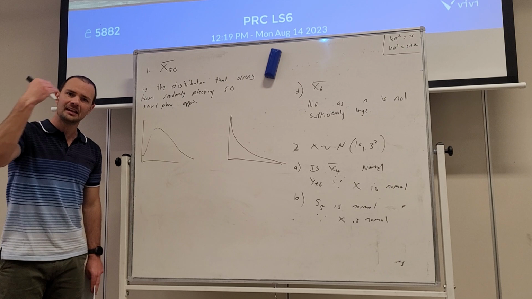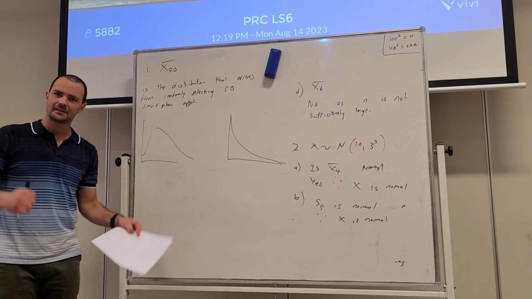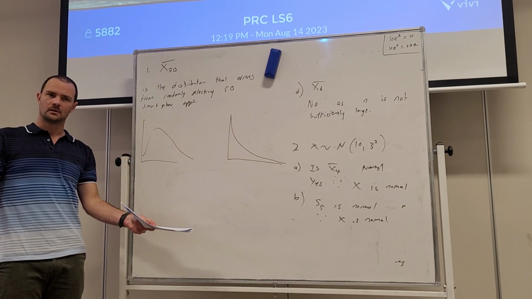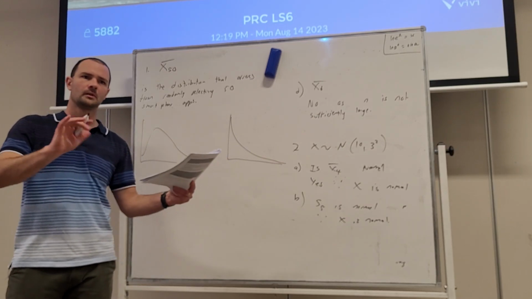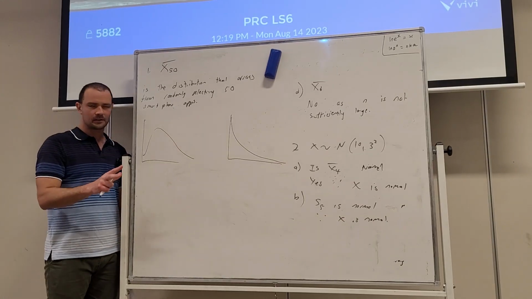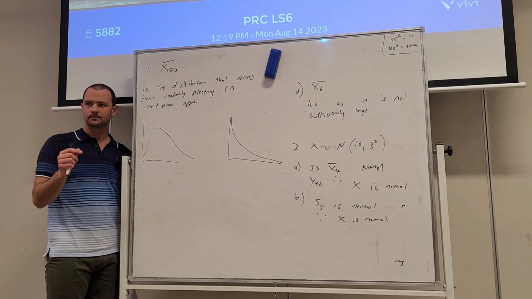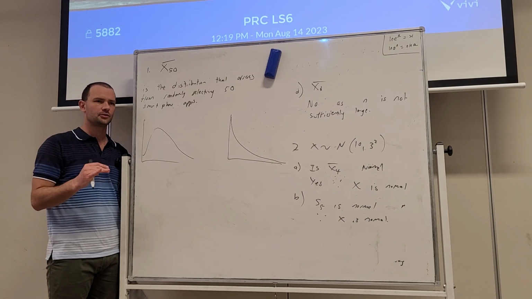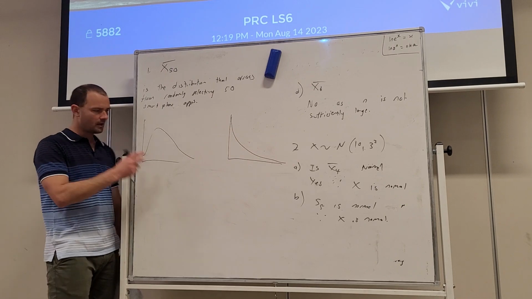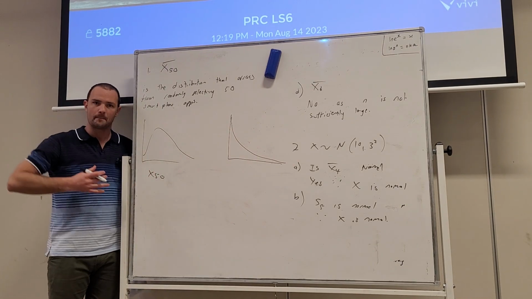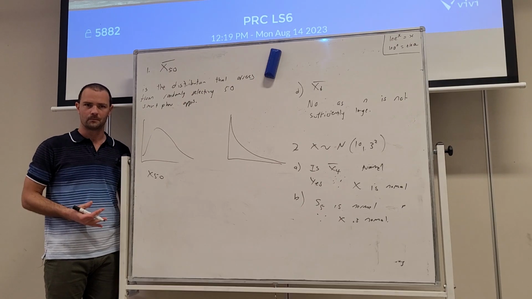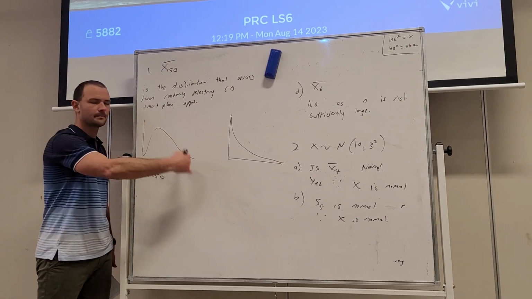As n increases, normality increases. So as n gets larger, the distribution becomes more normal. So one of these is very clearly the distribution of x, and one of them is very clearly the distribution of x50. All right? This one is x50 because it's approximately normal. Okay? It approximately has a bell-shaped curve.